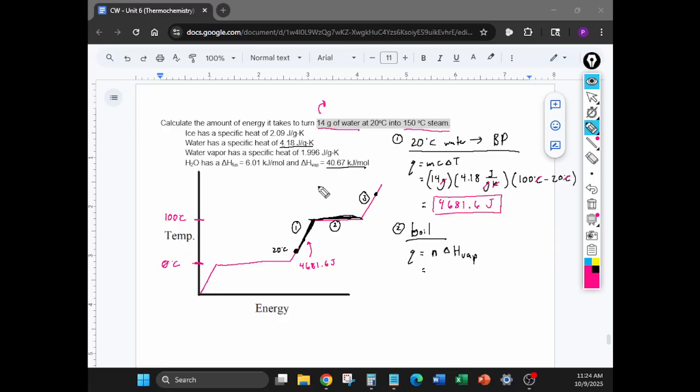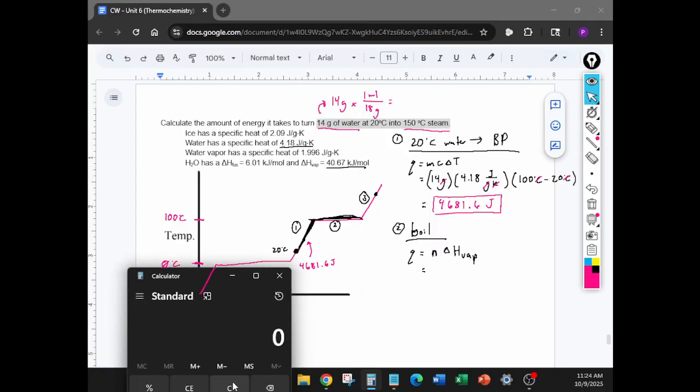Oftentimes, they try to trick you by giving you your HVAP as kilojoules per mole rather than per gram. Units of measurement, I know that I'm being very specific about this, but it's a very easy way for you to get tripped up and lose sight of it as you're doing a lot of these problems.